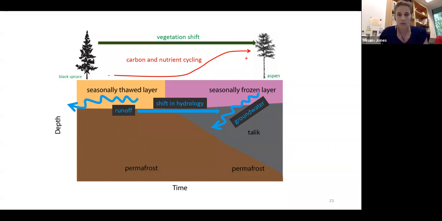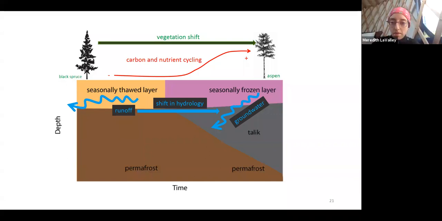Did we lose Louise? She's having some connectivity issues. I see her here, but muted, maybe star 6 to unmute.